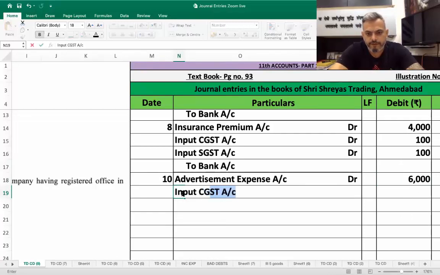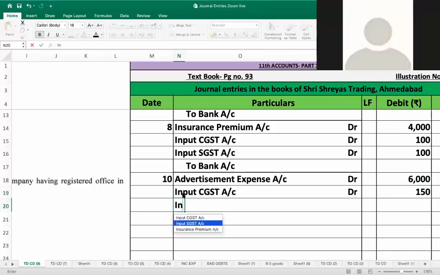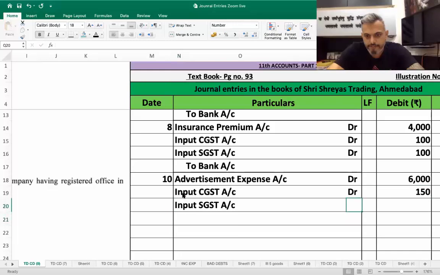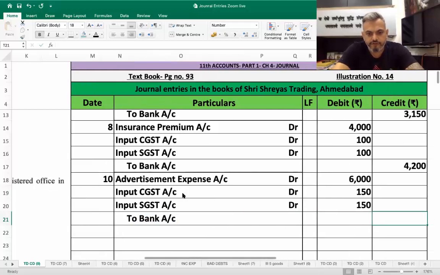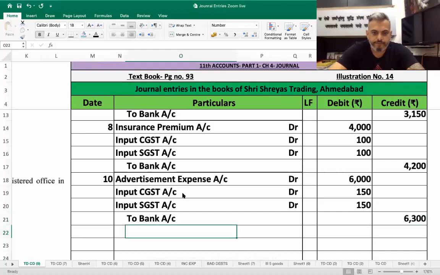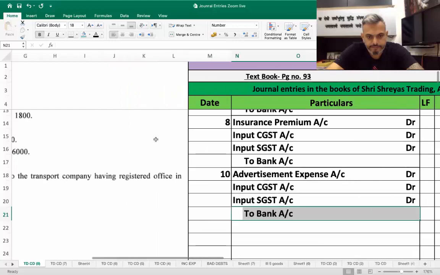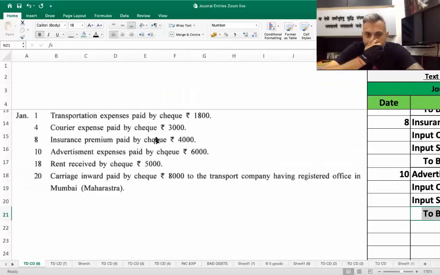Input CGST account debit, 6,000 into 2.5%, 150. Input SGST account debit 150. Paid by check, to bank 6,300. You underline it.